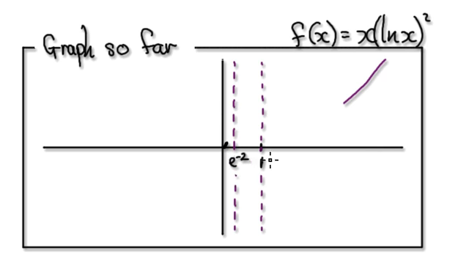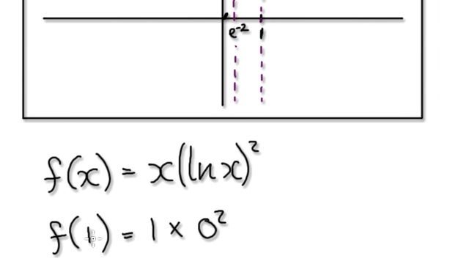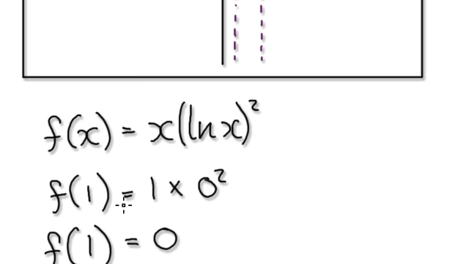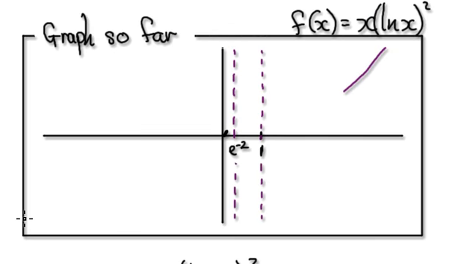We now want to know the values of the function at the two points. Putting the 1 into our original function, it would be 0. That means looking at our graph, we've got a critical point here. So we know the gradient here will be 0.